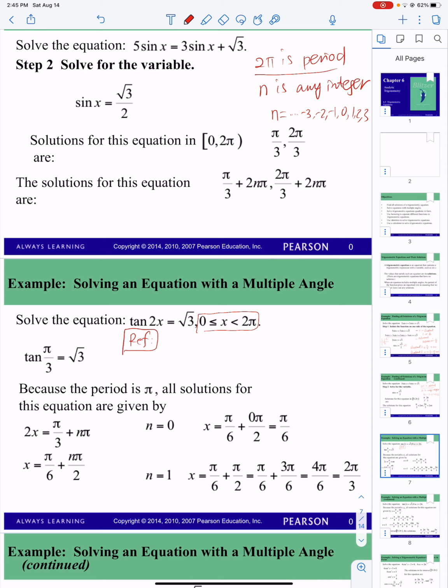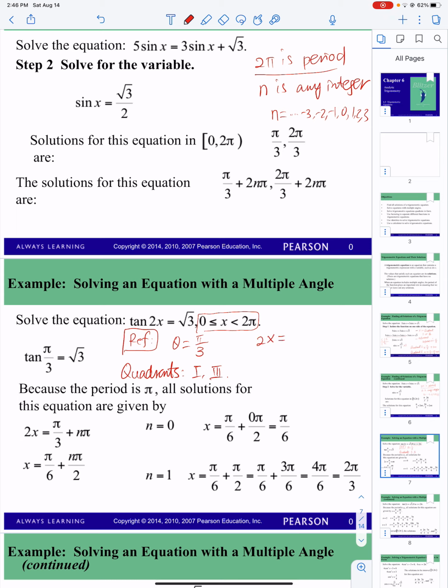Tangent equal to square root of 3, so the reference angle theta will be pi over 3. And the tangent is positive. So which quadrant is this 2x in? It has to be in the first or third.